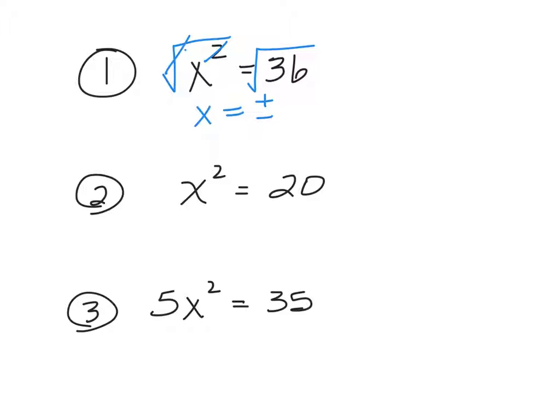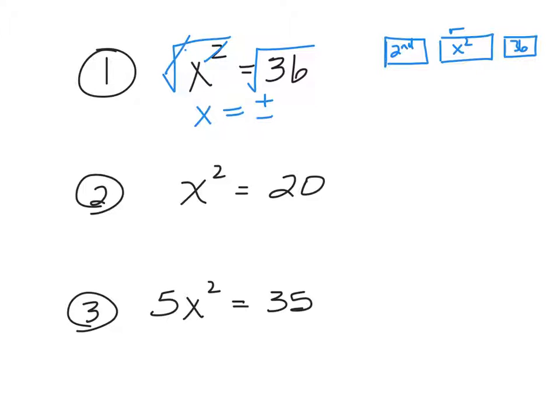And then as you're looking at your calculator, what you're going to do is type this into your calculator. You're going to hit second, and then you're going to hit the x squared button. You'll see on the top of the x squared button the little square root there. And then you're going to type in the number 36 and then hit enter.